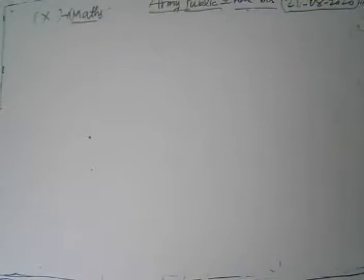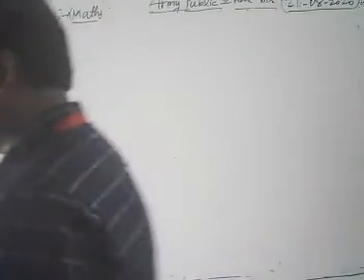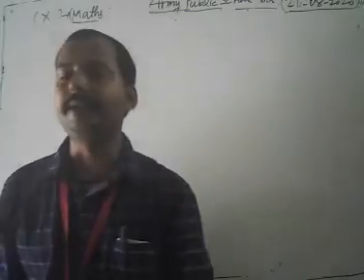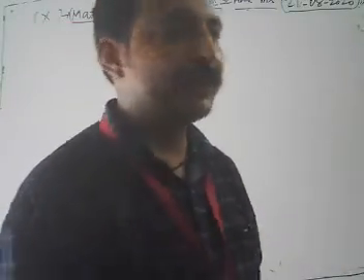Now in the second part of our class today, we are going to see how we can form our equations if we are given the roots. Suppose we are given roots alpha and beta of a quadratic equation.